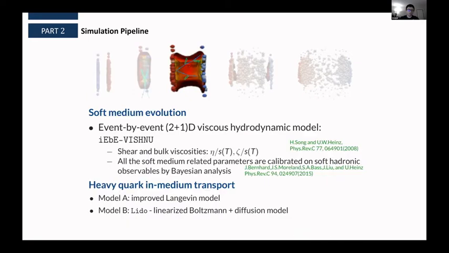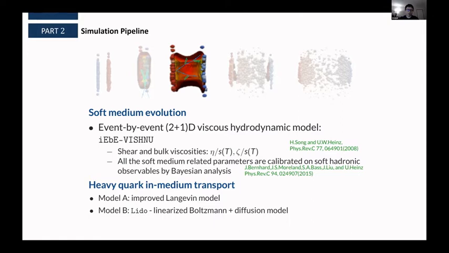For the soft medium evolution of the QGP, we use an event-by-event (2+1)D viscous hydrodynamics model called VISHNU, which takes both the shear and bulk viscosities into account, and it will later be calibrated on soft hadronic observables using Bayesian analysis.